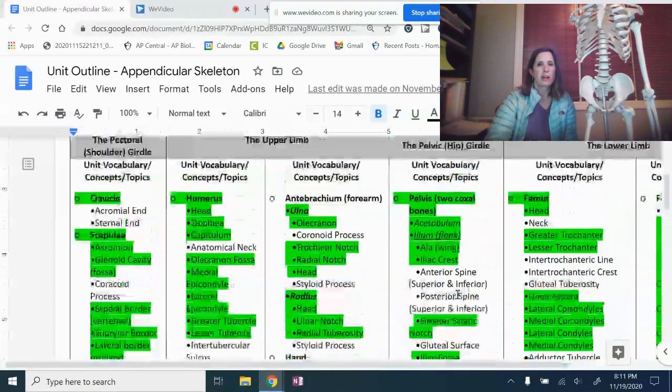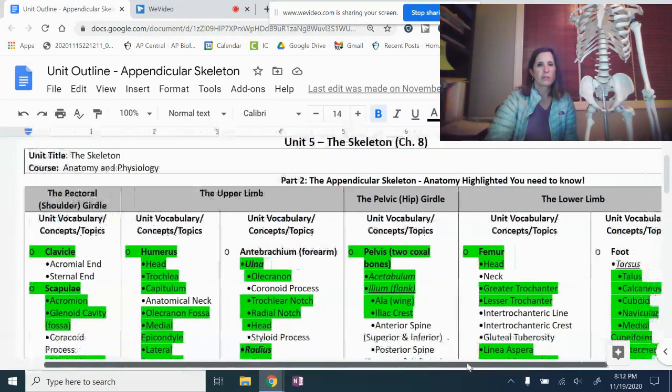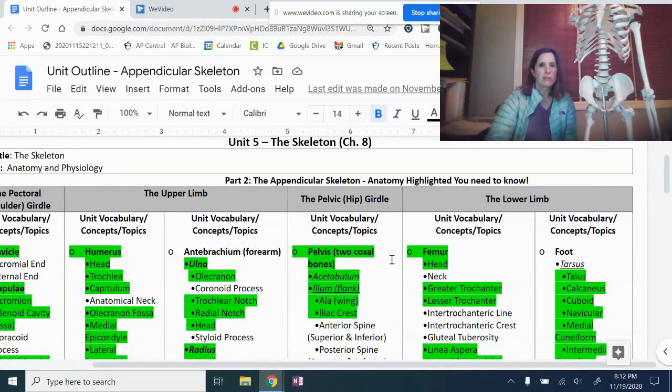We're now going to go to the 4th column, and that's what today is about. I want you to highlight. We're moving to the pelvis. You're going to highlight the pelvis, the acetabulum, the ilium, and the ilium is a bone that makes up the pelvis. And the 2 listed underneath, the ala and the iliac crest, are markings that you have to know.